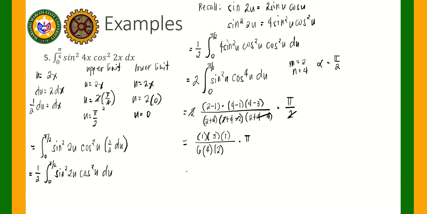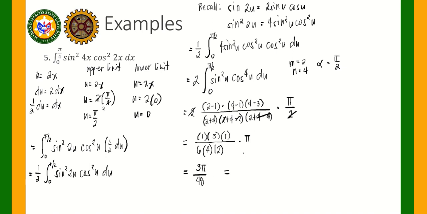And simplifying this one, this is equal to 3 times 1 is 3 all over 6 times 4 times 2, that is equal to 48. And then si pi natin. But we can still reduce this to lowest term.